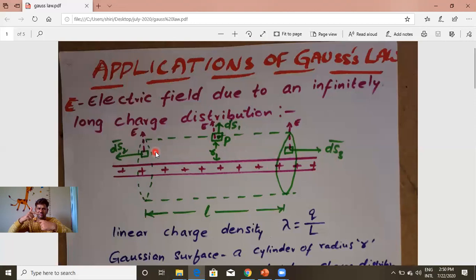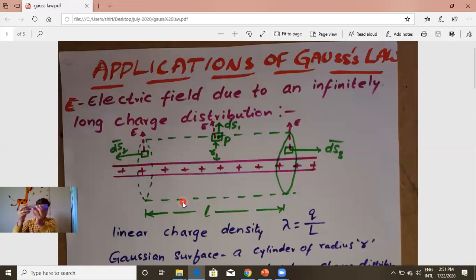I get a curvature like this, curvature of a cylinder. But this cylinder is open at this end and this end. In Gauss law, we need to select a closed surface. That is why I am even considering both faces of this cylinder. You see, this is a cylinder shape.